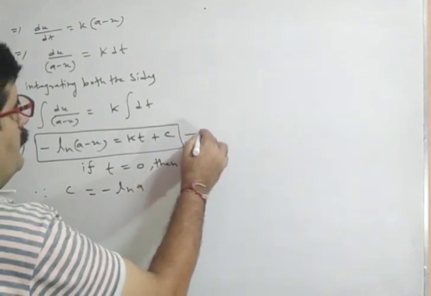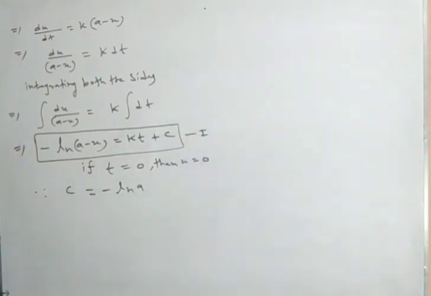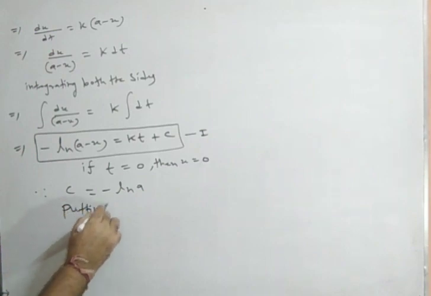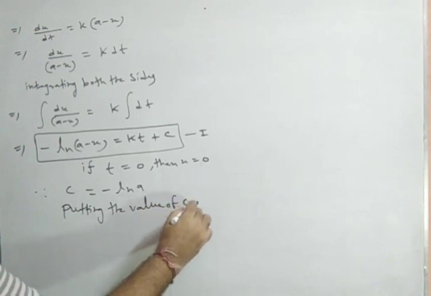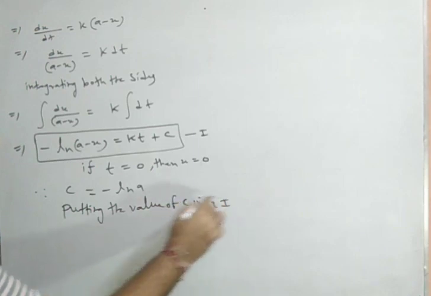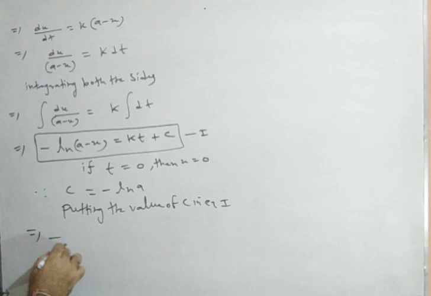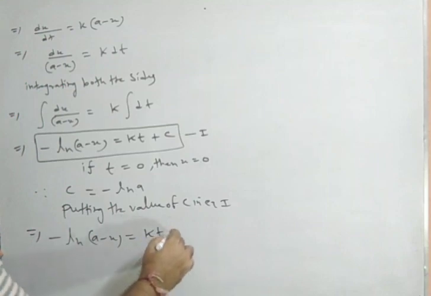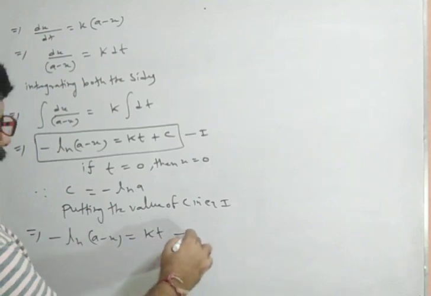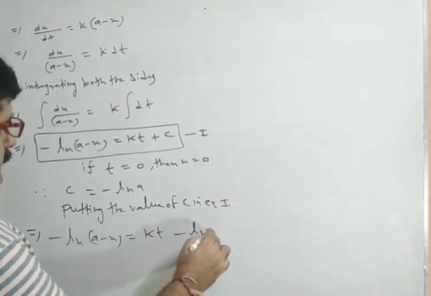Suppose this is equation first. Putting the value of c in equation first, we get what? Minus ln (a minus x) is equal to kt minus ln a.